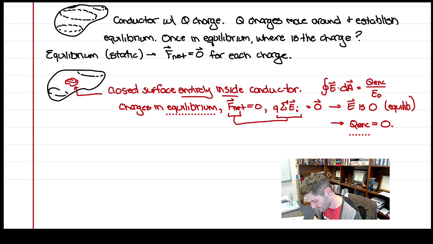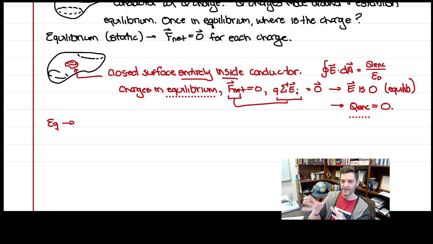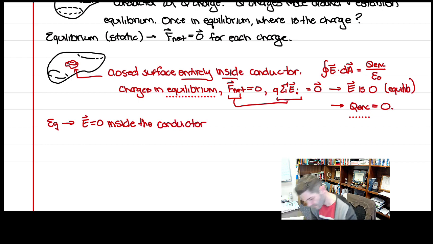So the equilibrium argument: I'm essentially implying that if everything is in equilibrium, there cannot be an electric field inside the conductor. This must therefore imply E equals 0 inside the conductor. Else the charges would be compelled to move.